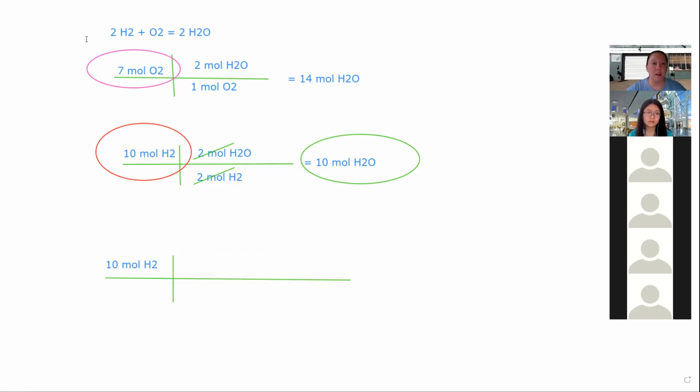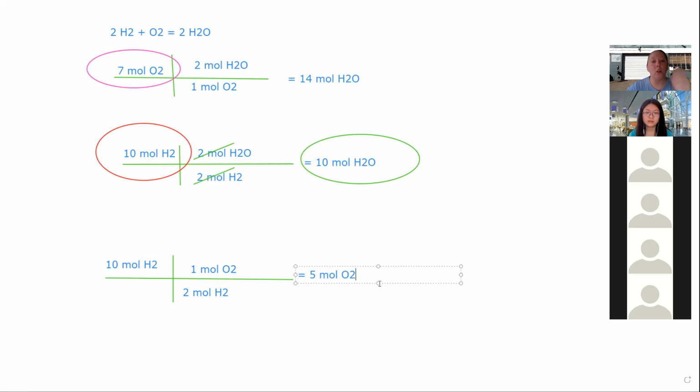Okay, and based on our equation, for every 2 moles of H2, we use 1 mole of O2, right? Based on this ratio, 10 divided by 2 equals 5 moles of O2.